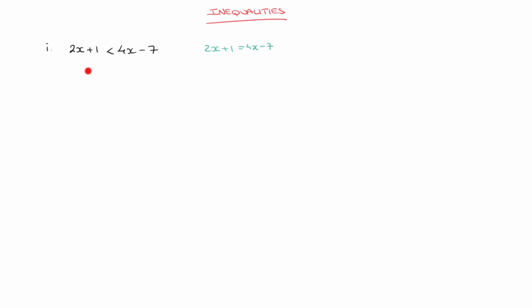And that is if ever you multiply or divide both sides of an inequality by something negative, then you swap or reverse the inequality symbol. What I mean by that is, here it says less than. If I were to multiply both sides by, say, negative 1, then this would turn into greater than. So remember, if you multiply or divide both sides of an inequality by something negative, then you flip the inequality symbol. Aside from that, you're going to solve it following the same steps as you would follow for this equation.